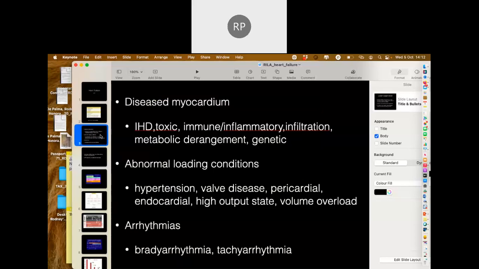The next slide gives you a not overly simplistic, but a simplified way of looking at the etiology of heart failure. One of the difficulties or challenges clinicians managing heart failure have is that heart failure is essentially a phenotypic description and doesn't really tell you very much about the etiology, what's actually caused the disease process.